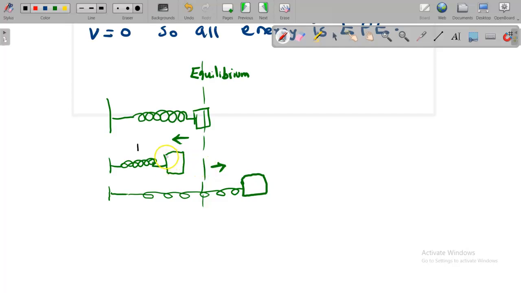So as it stops on the left side, it will get the maximum displacement and maximum potential energy, and kinetic energy will be zero. Same here on the right side, when it stretches the most, it will get the maximum potential energy, and the kinetic energy will be zero.